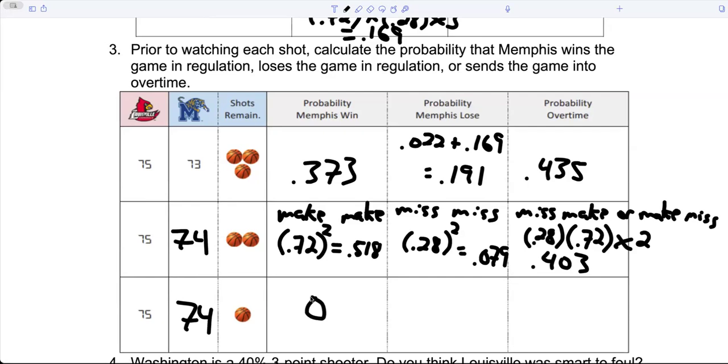What's the probability that they lose now? It's the probability that he misses the next shot, which would be 0.28. And what's the probability that they go to overtime? It's the probability that he makes the next shot, which would be 0.72.